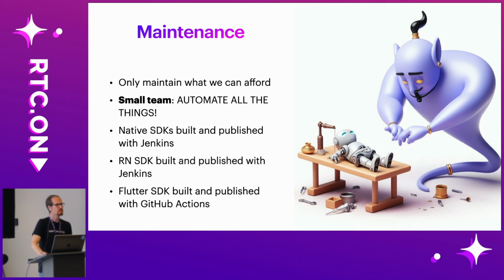So we are trying to only tackle and only maintain things we can afford time-wise. But for instance, Flutter doesn't really add a lot of maintenance cost, because the API we offer is a full frame. So then it's a bit of glue code in Kotlin and Swift, and that's kind of where it's at.